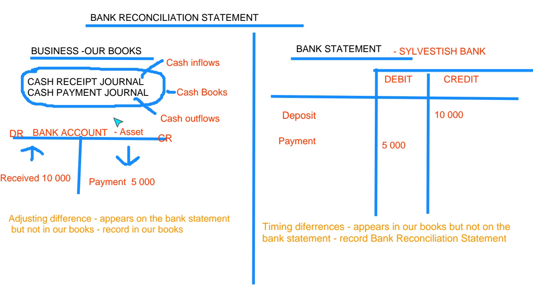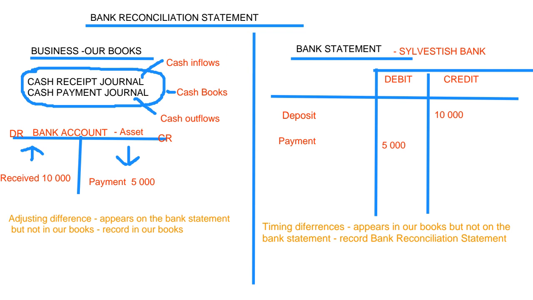The interesting thing is we need to know which items to record in the cash receipts, and which items to record in the cash payments. Generally, as long as we receive something, we record it under cash receipts. When we pay something, we record it under cash payments.